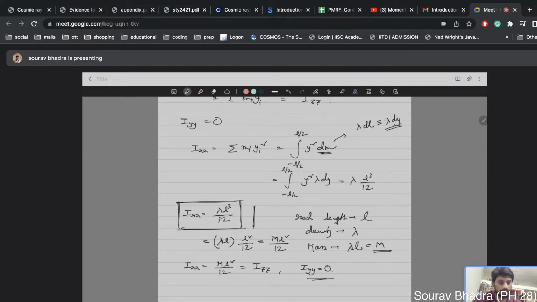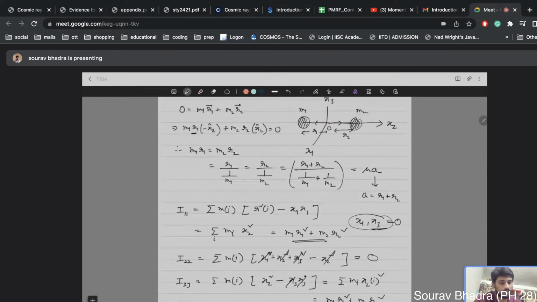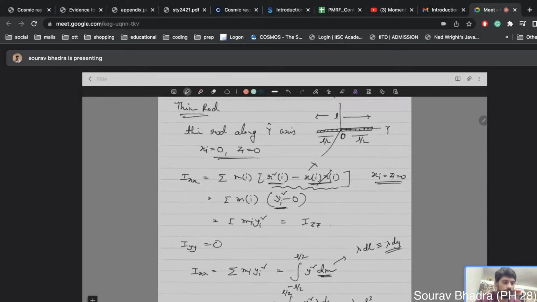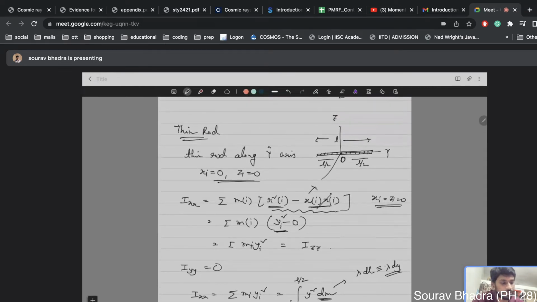That is what I want to say from these two examples, the diatomic molecule as well as this thin rod. As the rod was along the y axis, the moment of inertia along y is 0, but x and z are perpendicular to the rod. That's why we got Ixx and Izz as non-zero values.